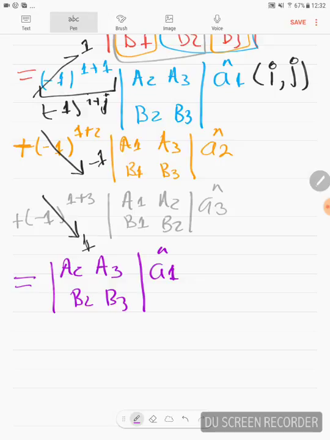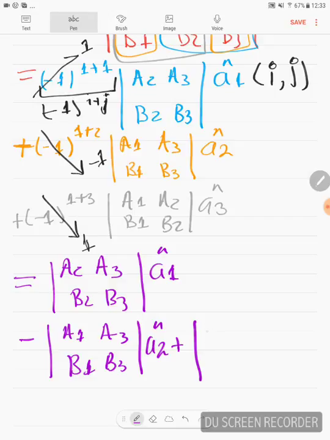Each of the components is accompanied by its respective basis vector. So just pay attention to what I'm going to do here. This one is minus, so for the meantime let's write it explicitly: minus A1, A3, B1, B3, A2 plus A1, A2, B1, B2, A3.